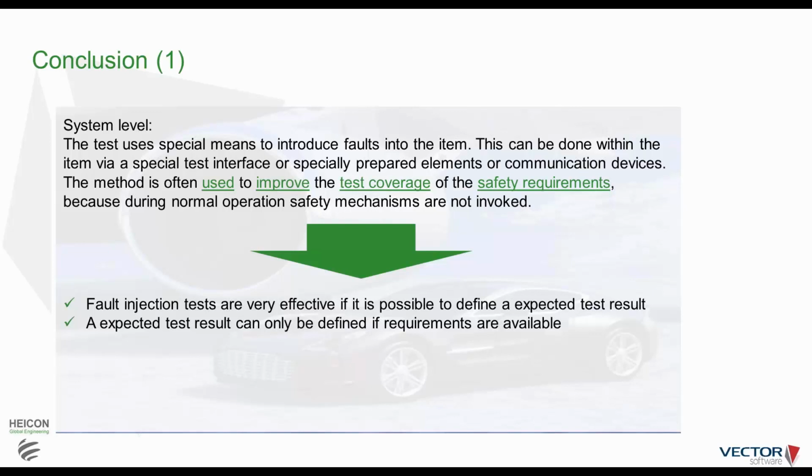But you need to define then the result, or you should. Otherwise, the tester in the test laboratory decides about correct or not correct, and that's what I feel is wrong, and it is above the decision of a tester. You should document that, yeah. And if you document the expected behavior, then your fault injection tests are very, very effective and very, very strong.